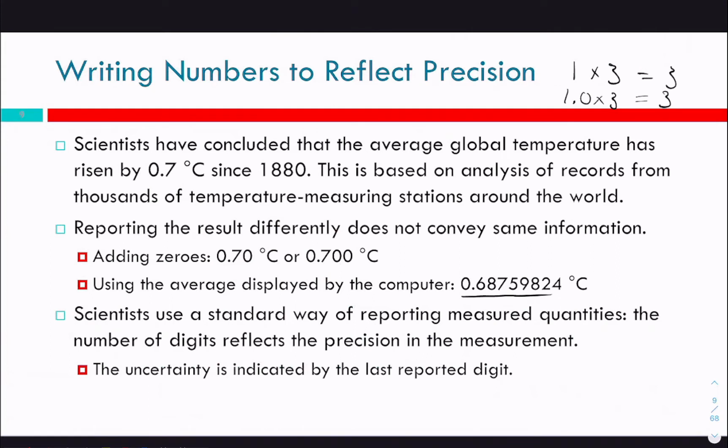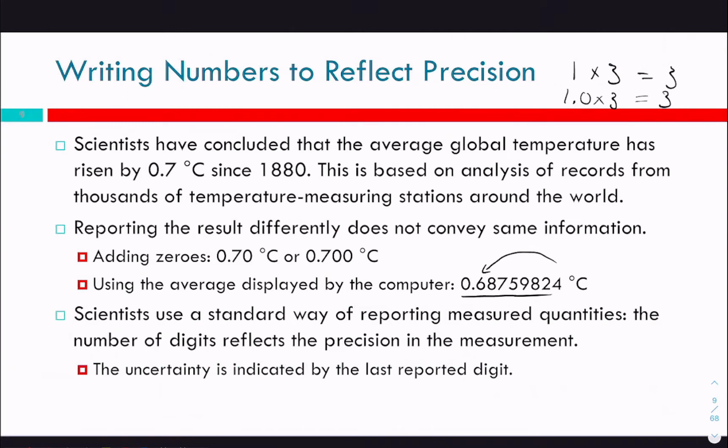So the scientists who did this research realized that the only level of precision that they could report was in the tenths place. And so they take this and they round to 0.7. And because the method for reporting numbers is standardized, anybody else who looks at this number will know how it was measured.